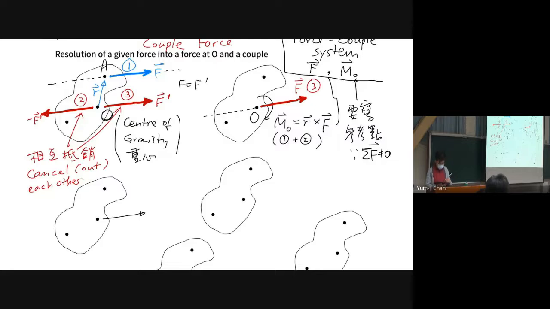We have point O here, we have F and we have MO at this point A. But we want to put everything at point B here.